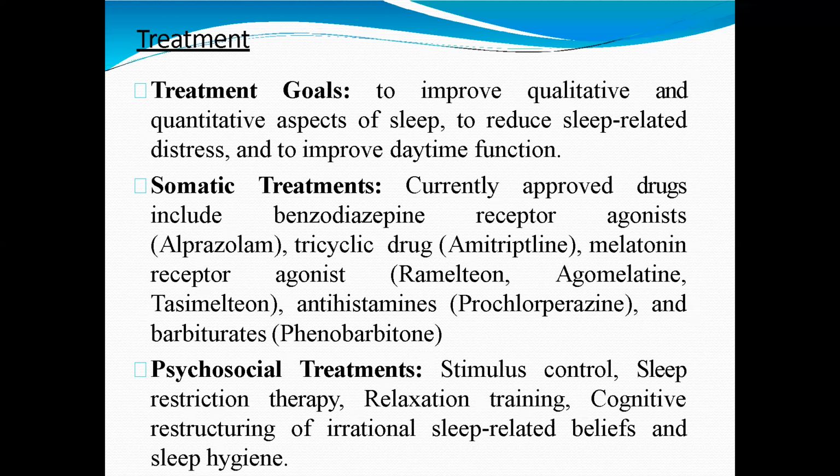These drugs are approved by the FDA and have very recently come to the market. And antihistamines like promethazine and also barbiturates like phenobarbital are also used as pharmacological treatment in insomnia.